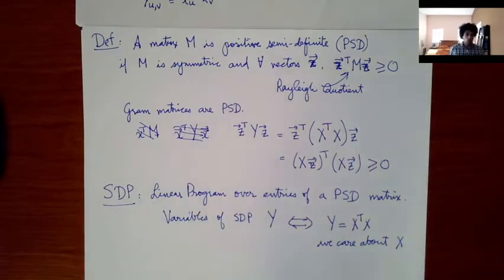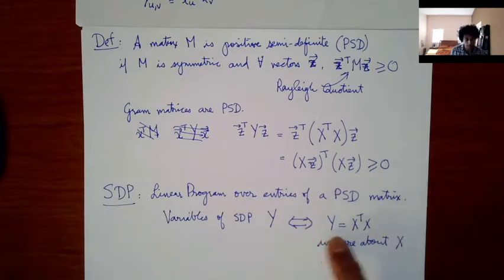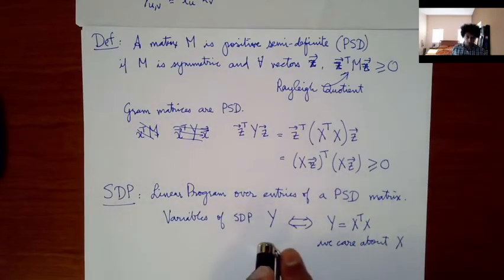It's like when you solve a linear program, you get a vector, all the values of all the variables. In this case, the variables are dot products. So what you get are all the dot products when you solve the SDP. What you want are the vectors. So I'm going to show you how to get the vectors, which is independent of how you're going to solve the SDP.